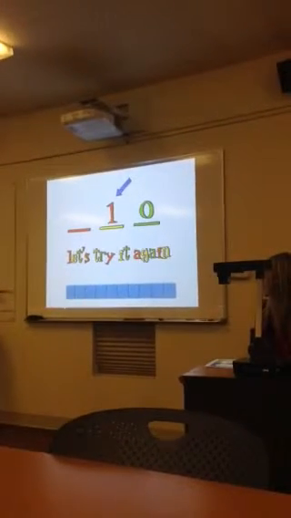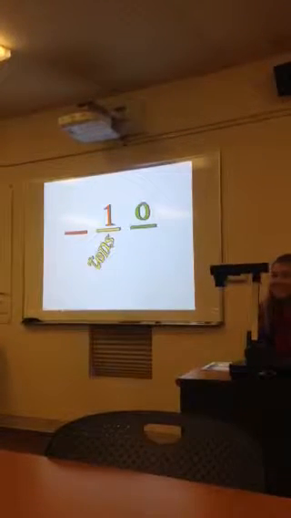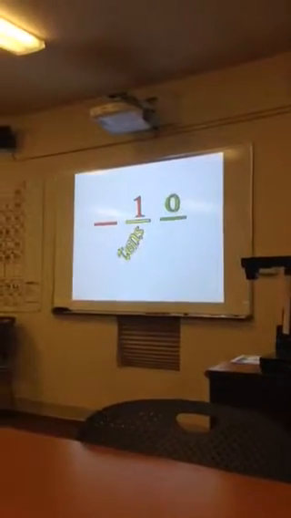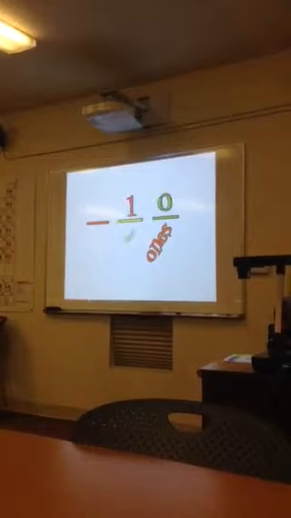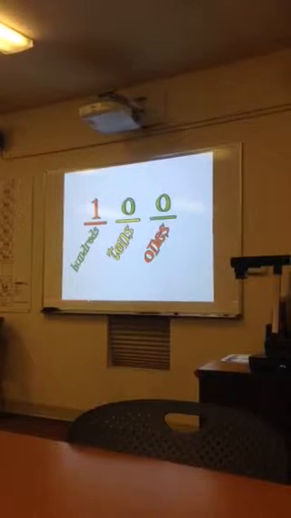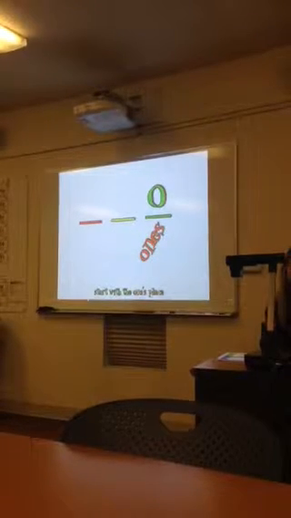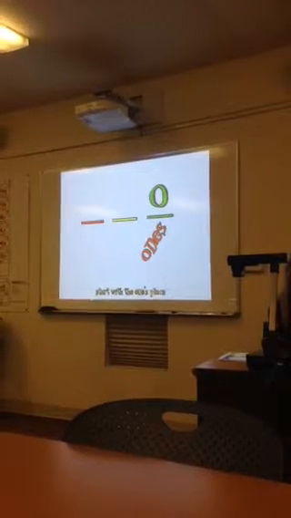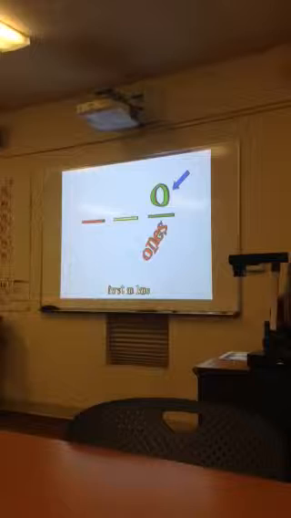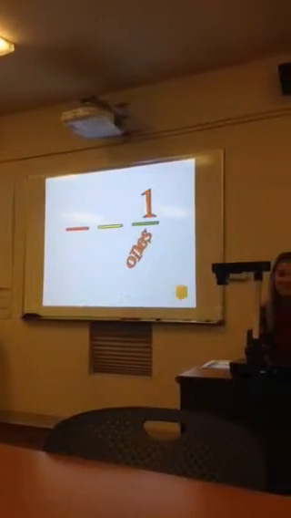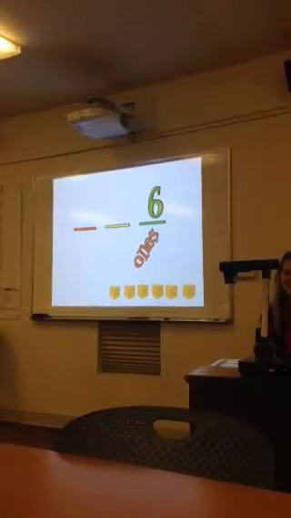Let's try it again. Ones, tens, hundreds, say ones, tens, hundreds, say ones, tens, hundreds, every time. It happens every start with the ones place. Where's that ones place? First in line. It's first in line. Then 1, 2, 3, 4, 5, 6, 7, 8.